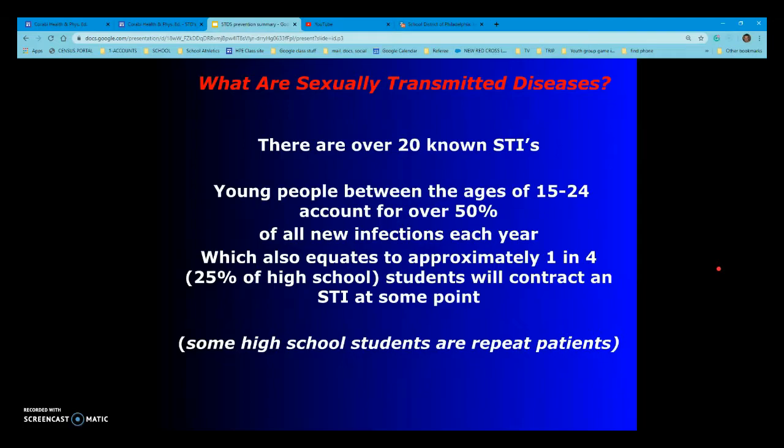It was cured and treated with antibiotics, but it was a completely second infection, so that person counts twice in the data. This isn't a raw number. This doesn't mean that 1 out of every 4 high school students, even though that's what the data seems to say, what it means is 1 out of 4 new cases. I wrote it the way it said on the CDC, but I read the disclaimer, and that's what it means, okay?